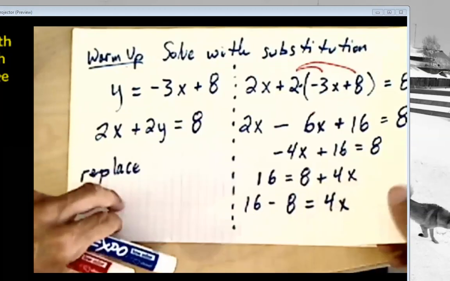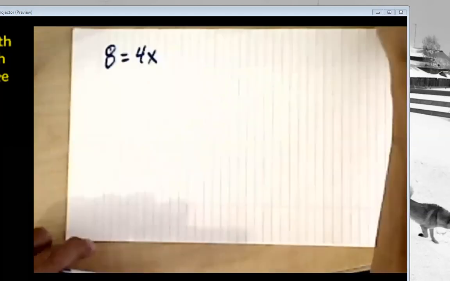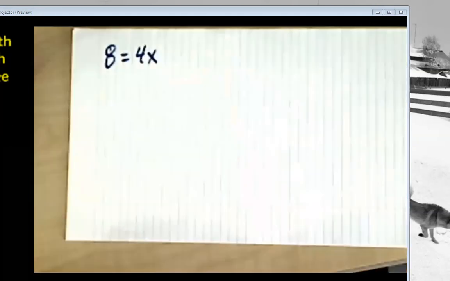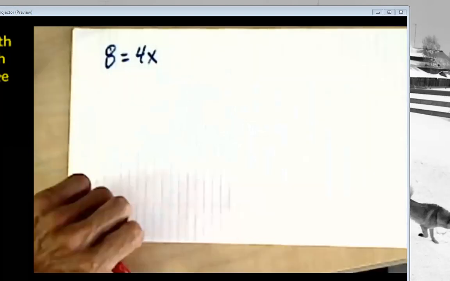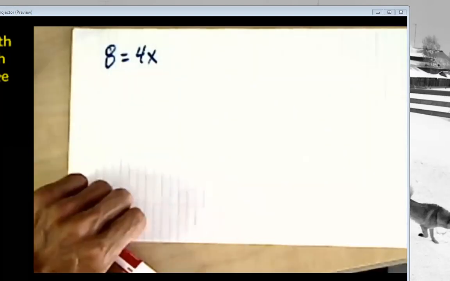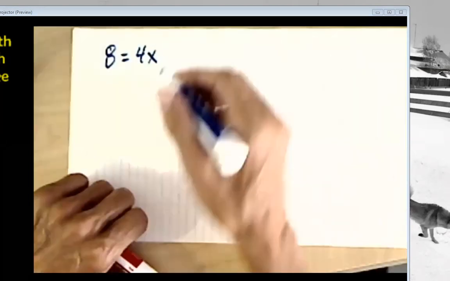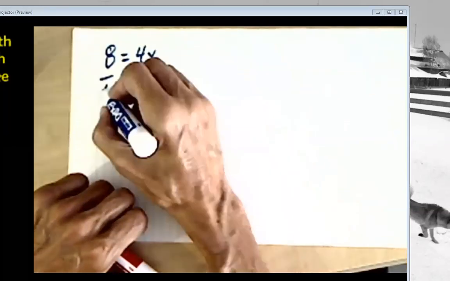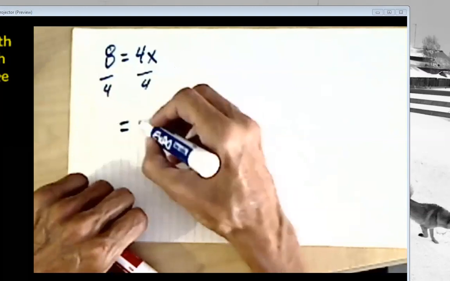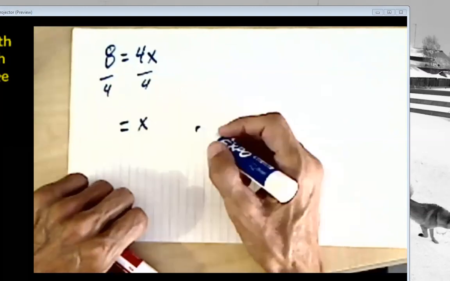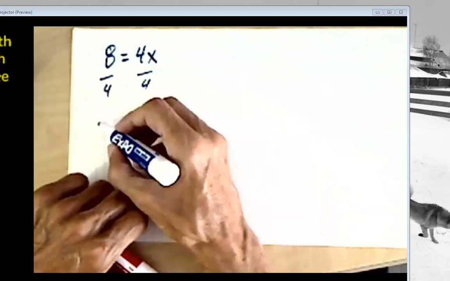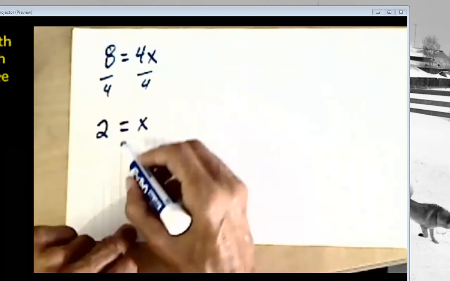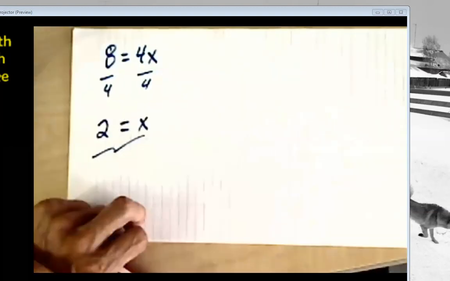I'm going to get the same answer. You're going to get the same answer because what do we got? How do we get x by itself? Divide by 4. Going on this side, we got x is equal to 8 divided by 4, so 2. Okay, so there's our x is equal to 2.